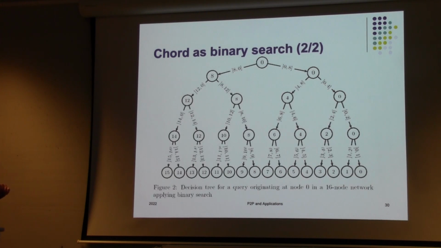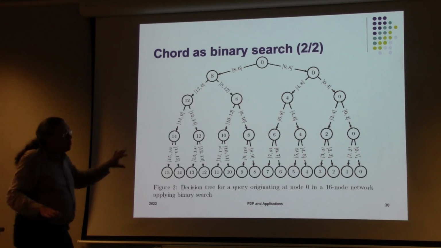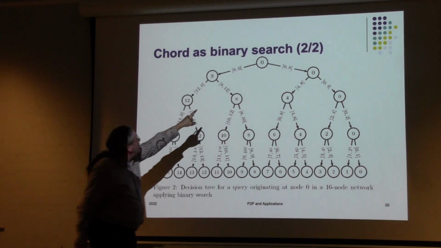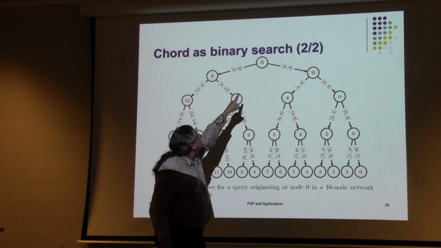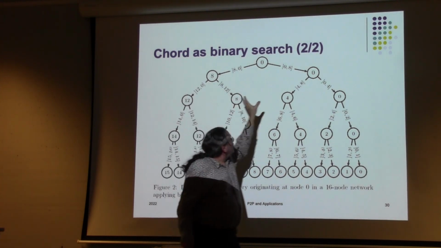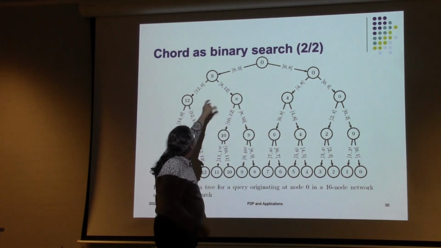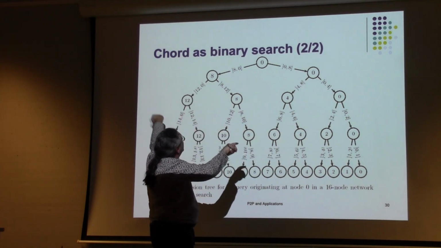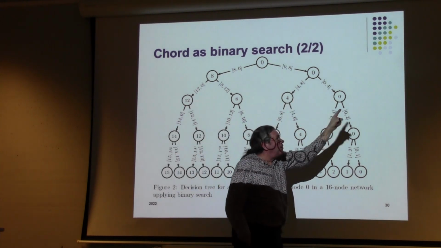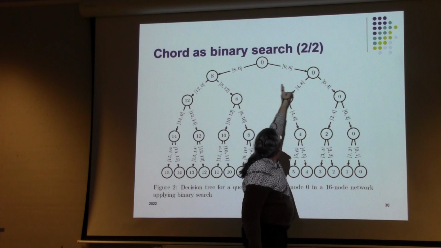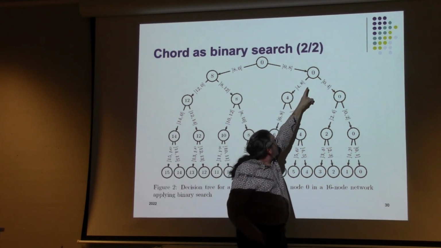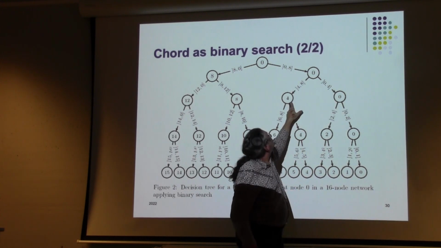So here's another way to see it. Some people find this intuitive. Your mileage may vary. I start at node 0, and I make a choice. I either go to 0 to 8, or 8 to 0, which is the other side. And then I'm there, I go from 0 to 4. I go to the first half, so I first choose the first half, then I go to the first quarter or the second quarter.